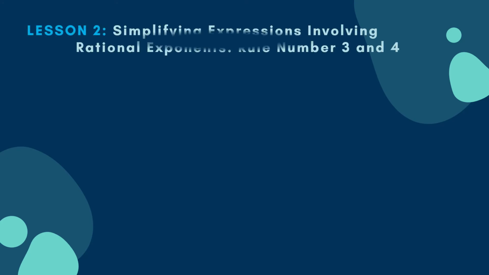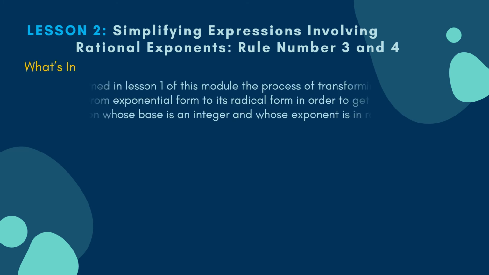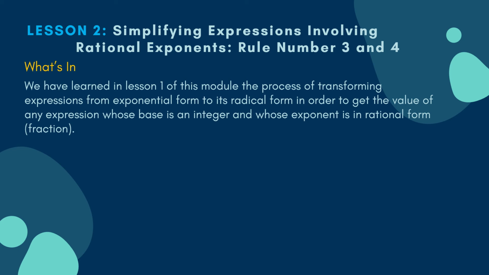Okay, next. We'll jump into lesson number 2, simplifying expressions involving rational exponents using rules number 3 and 4. So what's in? We have learned in lesson 1 of this module the process of transforming expressions from exponential form to its radical form in order to get the value of any expression whose base is an integer and whose exponent is in rational form, meaning fraction.